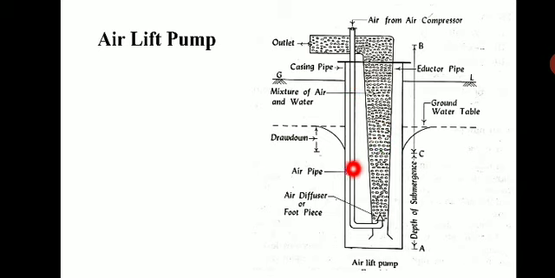And this other pipe is called the air pipe, because it is supplying the compressed air. The air rises in small bubbles in the eductor pipe, and it forms a mixture of air and water. So as you send air into this pipe, a mixture of air and water is formed.